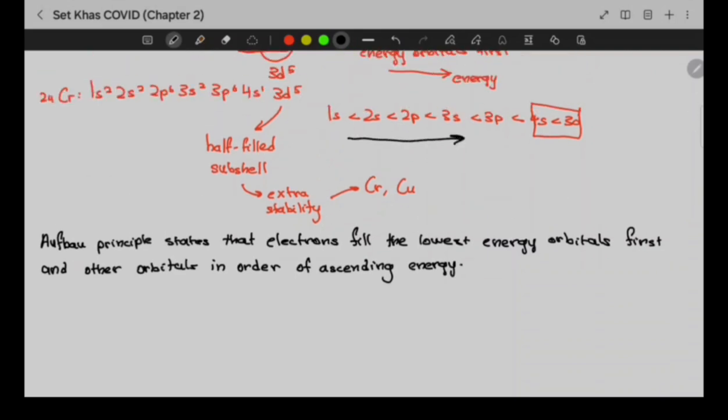Students usually forget this term right here. From there you get the first mark.